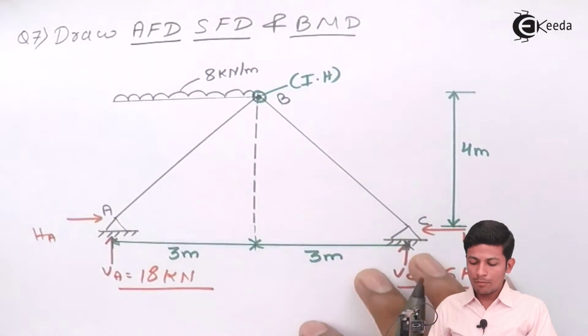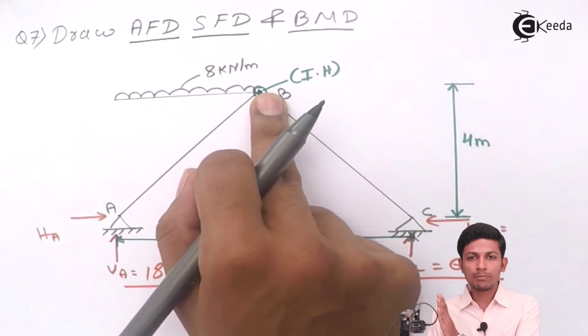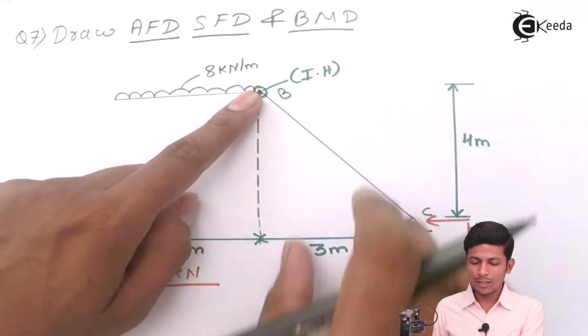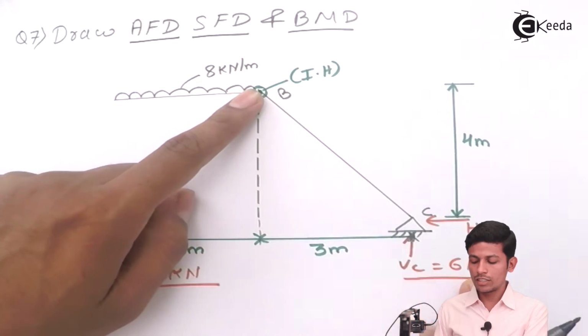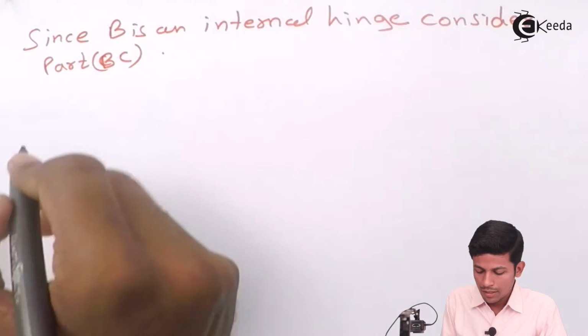If you are taking bending moment at B, you can take either this part or this part. What is convenient for us is to take this part, because there is no complicated or heavy load. Directly we see 6 into 3 will come.